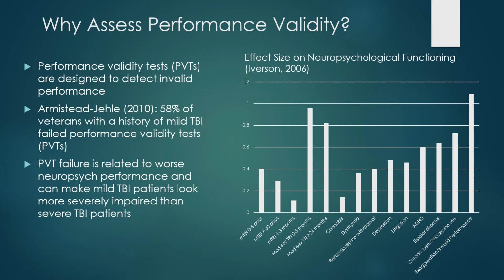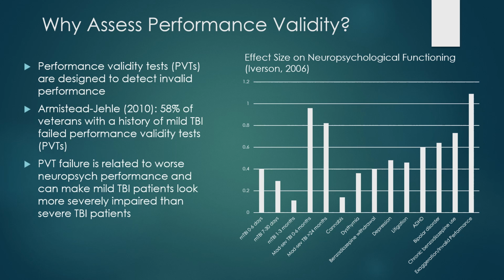Armistead-Healy found that 58% of veterans with a history of mild TBI failed performance validity tests. In other words, they did not have data that could be interpreted. And these rates are similar to what we see in the civilian sector in mild TBI samples.